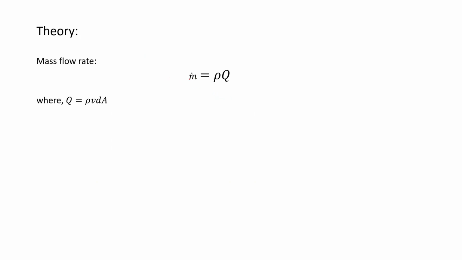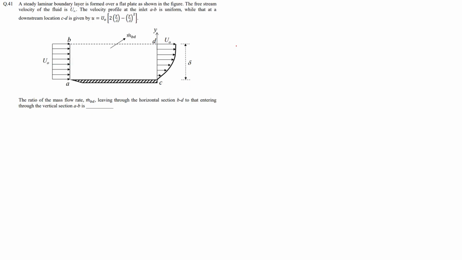Now this formula we all know by now. M dot is the density times the discharge, where discharge is rho V dA. Now all you need to do is to calculate m dot CD and m dot AB. So let's just write this.